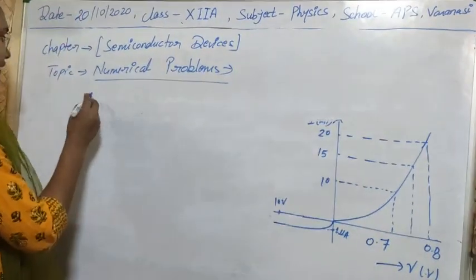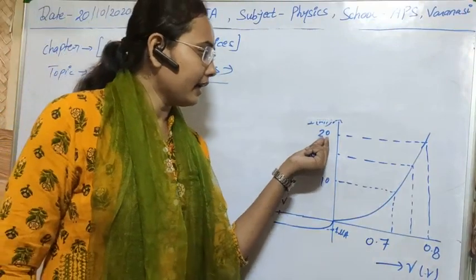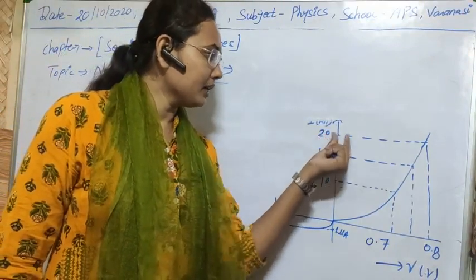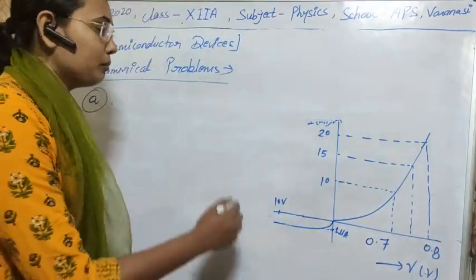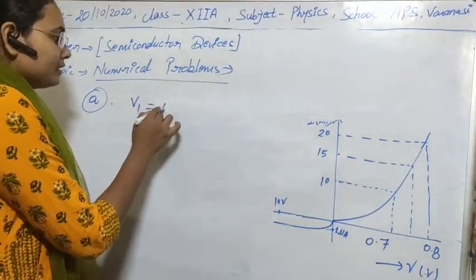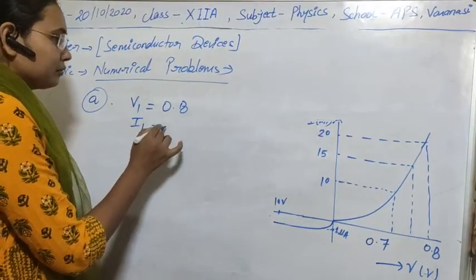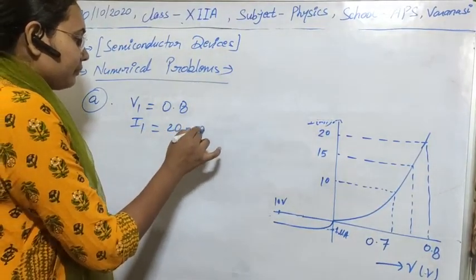In the first case, forward bias, it is given that at 20 milliampere the voltage is 0.8 volt. Suppose this is V1, 0.8, and I1 is 20 milliampere.